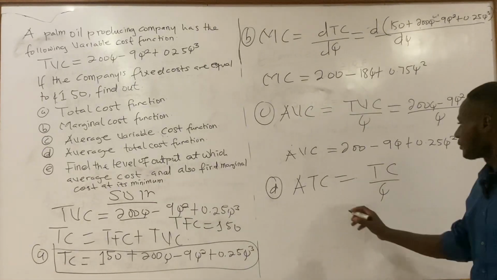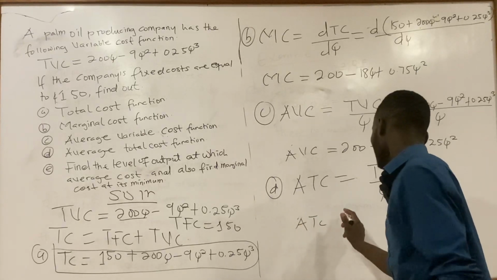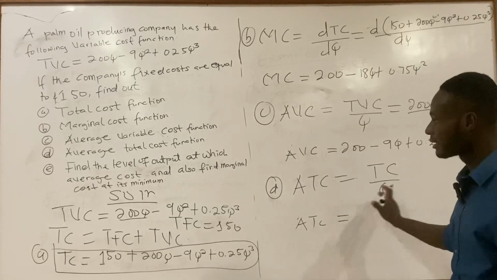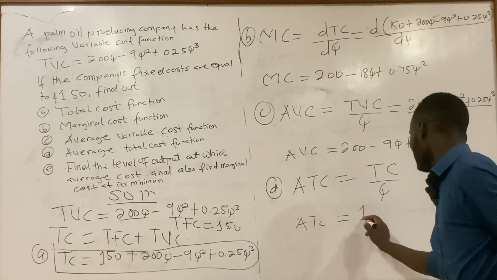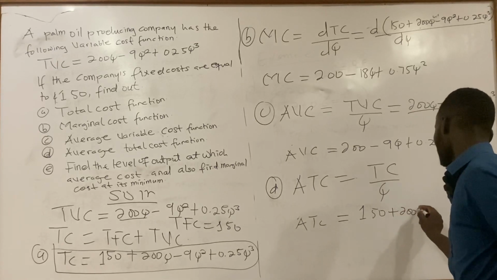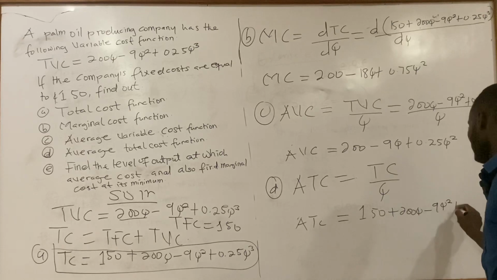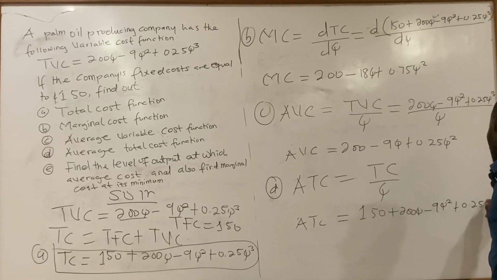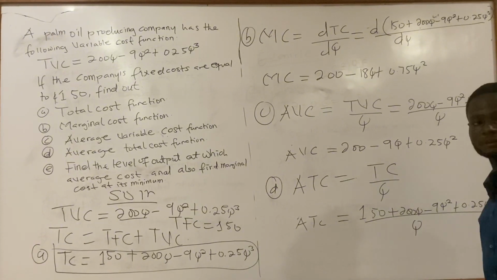So we have, as usual, ATC is equal to TC over Q, whereas we have our TC as 150 plus 200q minus 9q squared plus 0.25q cubed, all over q.